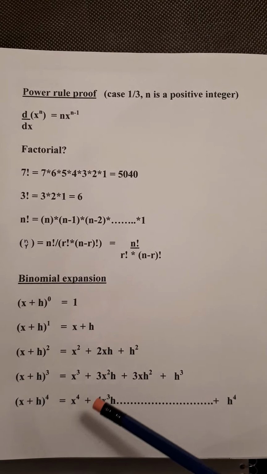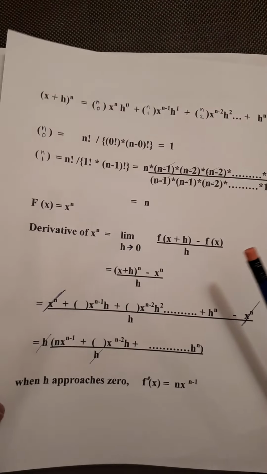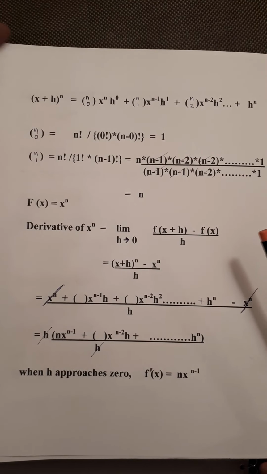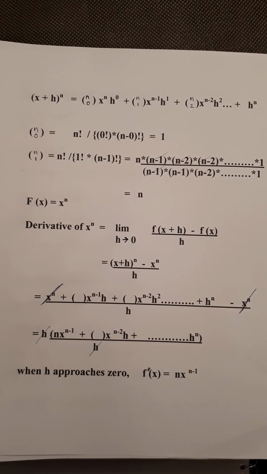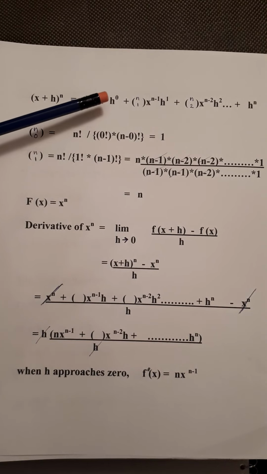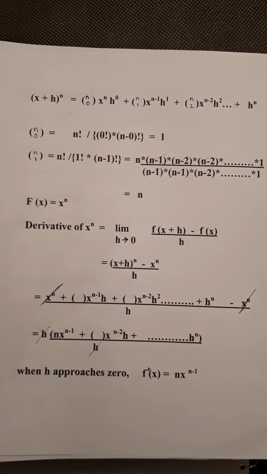So by keeping that in mind, if you go back to our general formula for x plus h to the power n, you can see nC0 x to the power n times h to the power 0, and so on.